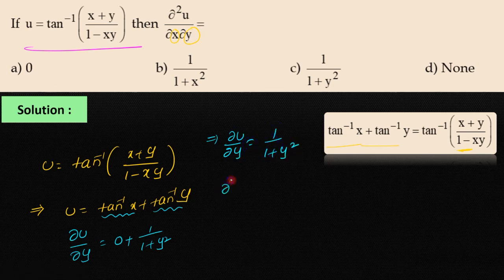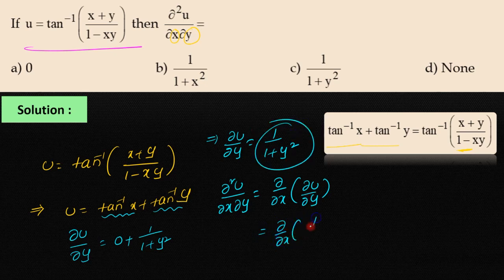Now dou square u by dou x dou y is equals to, it can be written as dou by dou x of dou u by dou y, which is dou by dou x of 1 by 1 plus y square. Here partially differentiating with respect to x, so y is constant, this is constant, differentiation of constant is 0. Therefore the answer is option A.